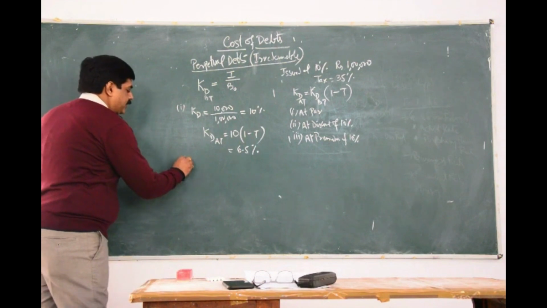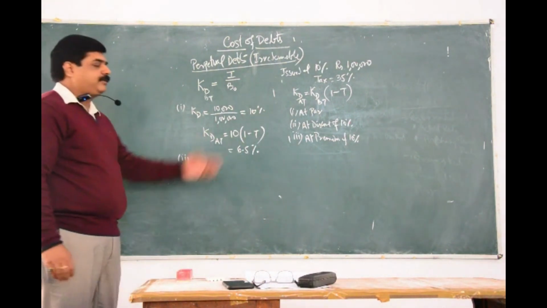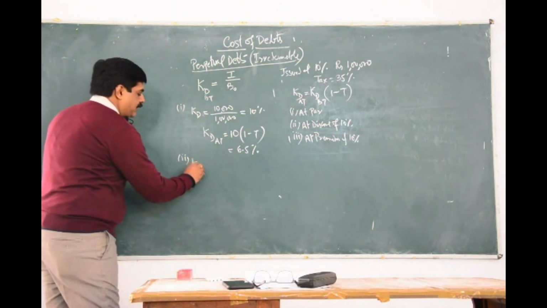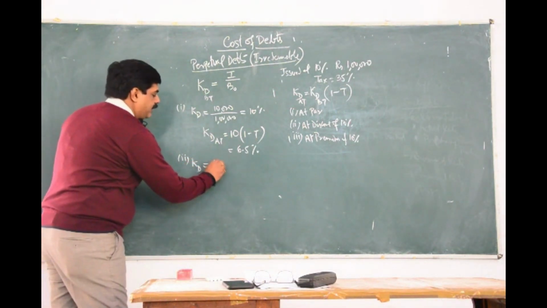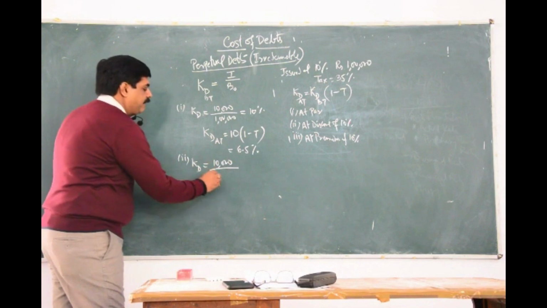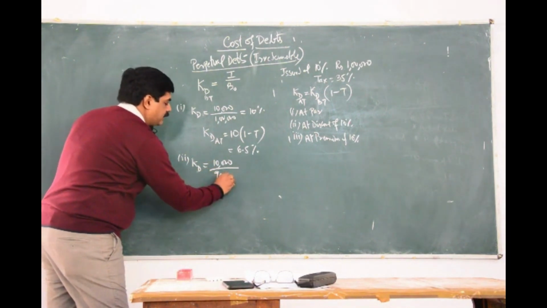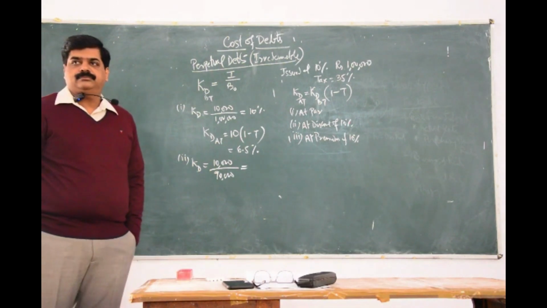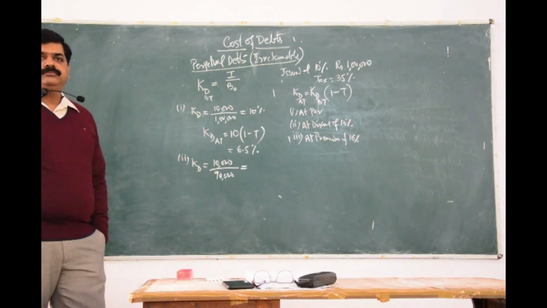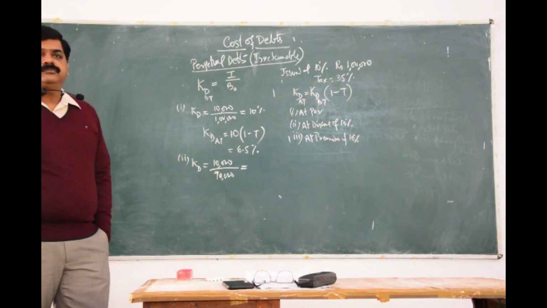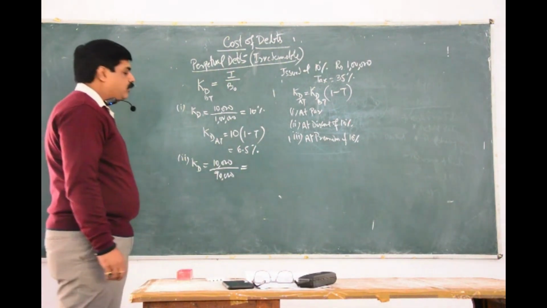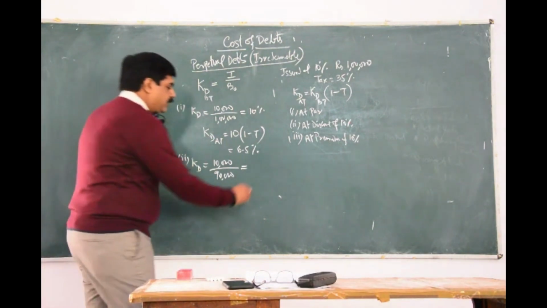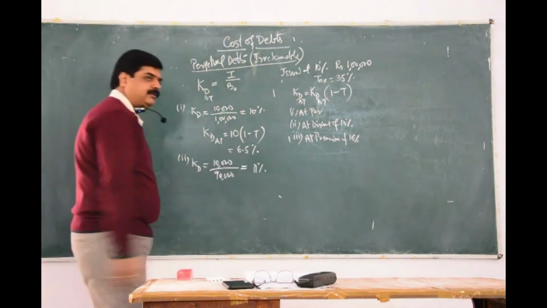Now when we take the second case, issued at a discount of 10%, again 10,000 divided by 90,000 comes to 0.11, which means 11%.